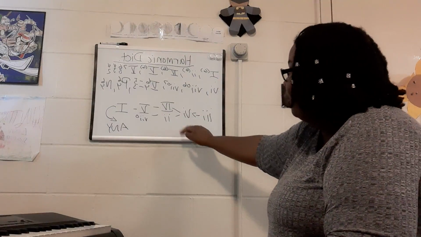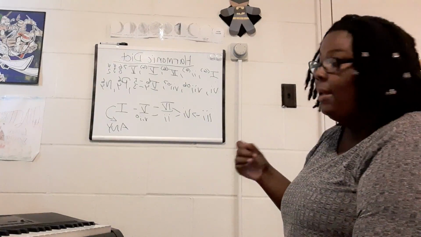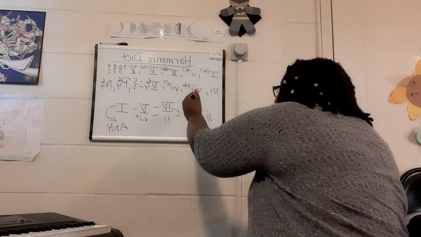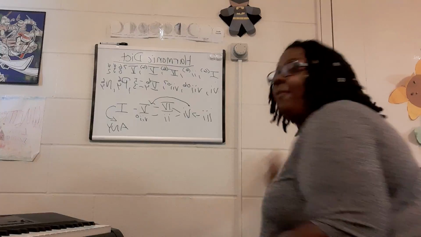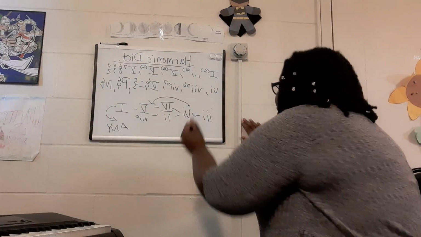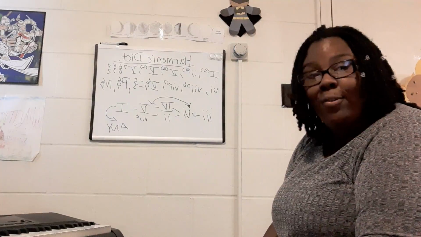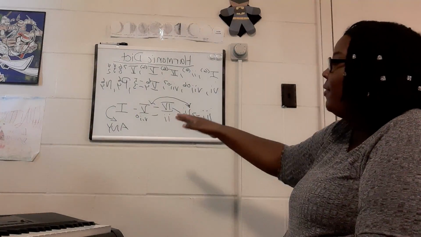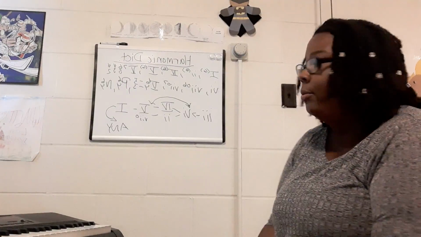The vi chord can go to a predominant IV or II, or the vi chord can go directly to V. So this vi can resolve to a V chord if it's functioning as a predominant, and vice versa, V can go to vi. Your V chord will either resolve to vi if it's a deceptive cadence or a deceptive resolution.